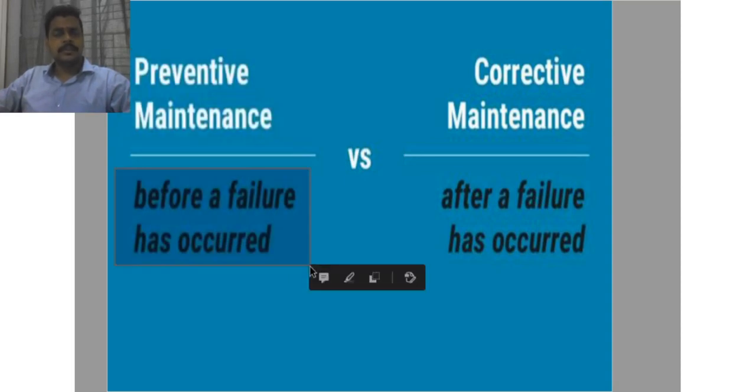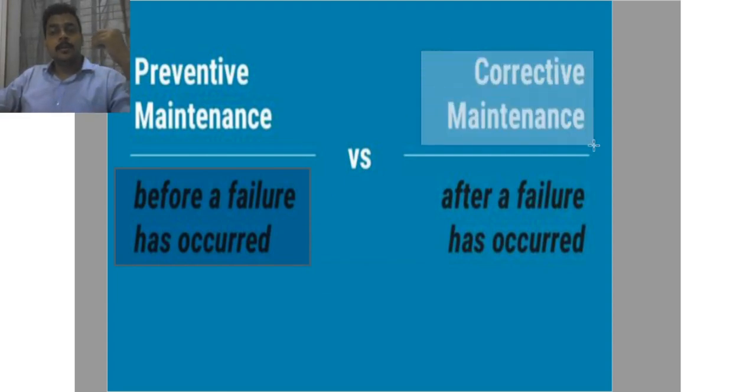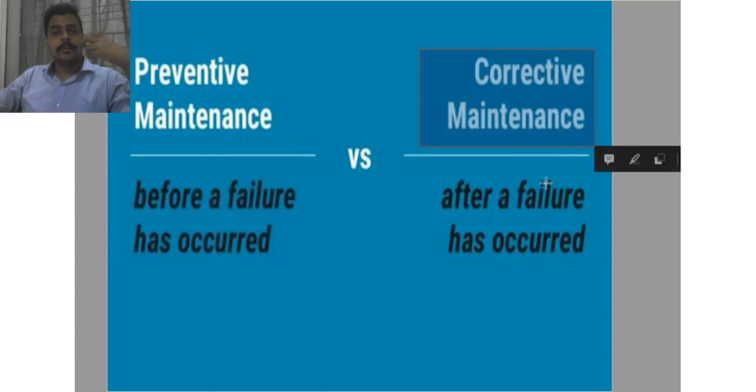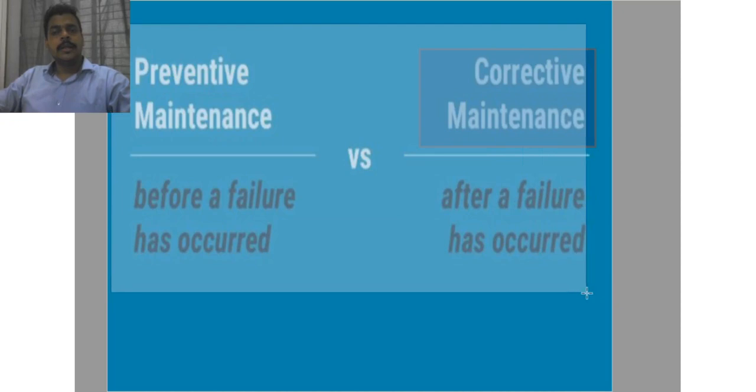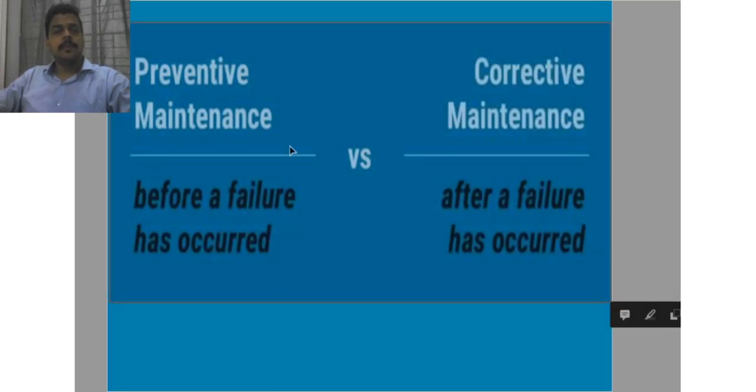So before the failure of equipment, one can do preventive maintenance, but after the failure has occurred for the electrical equipment, one can do corrective maintenance. I hope you understood the difference between preventive maintenance and corrective maintenance, or breakdown maintenance, easily with this slide.